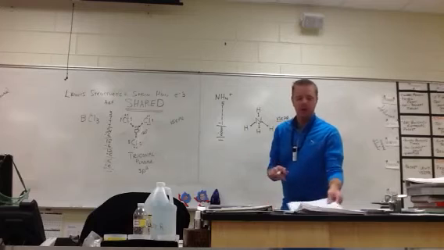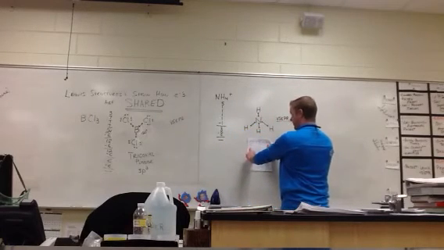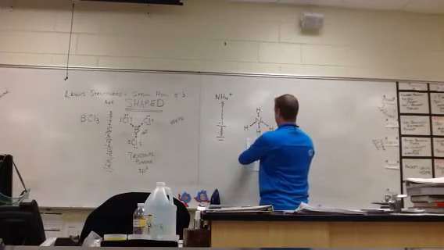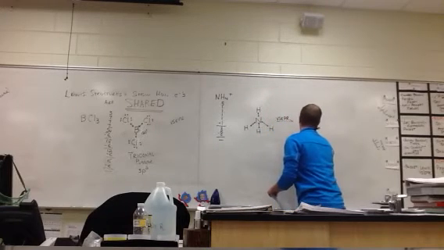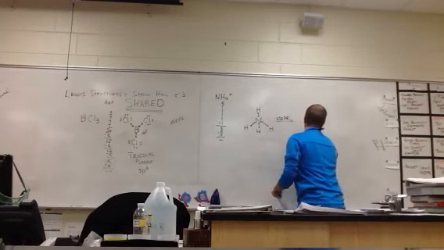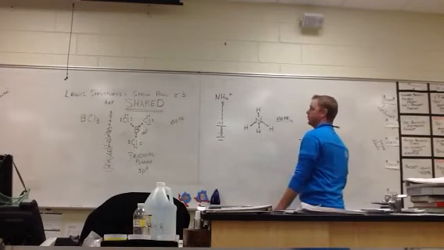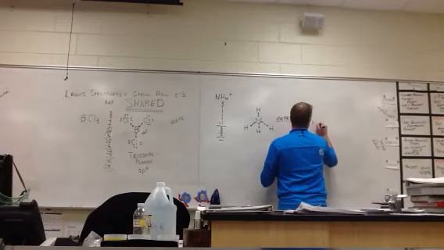No. So I go on here, and I find where it's 4 bonded structures, 0 that are lone pairs. And I find that I should have drawn something that was tetrahedral. So bummer, we did not do it correctly. So we have to adjust our drawing.